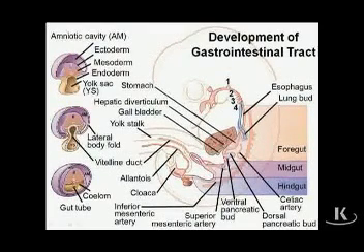The way those typically occur is that during development, after the gut tube is formed, there's a tremendous growth of the epithelium lining the gut tube, lining the lumen, and that epithelial development results in a plug. The lumen becomes occluded by that epithelium. It's called an epithelial plug, and then subsequently it luminizes again.